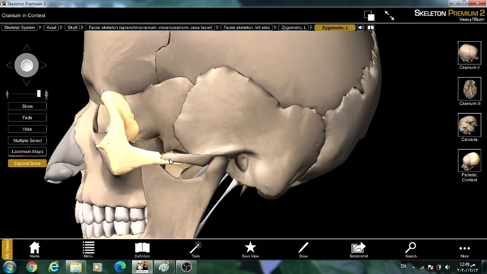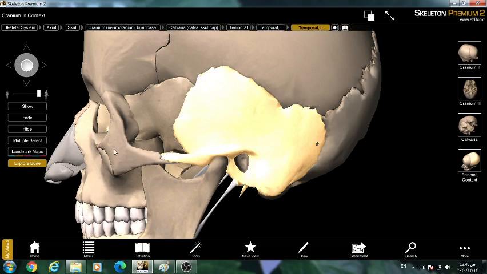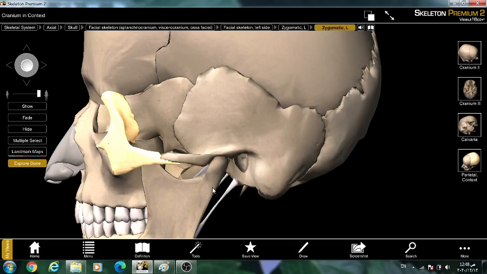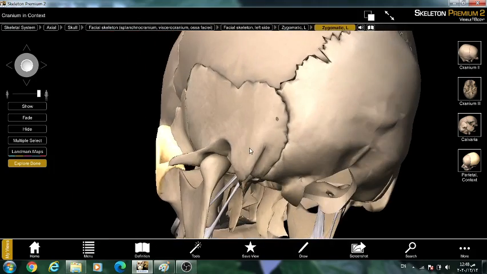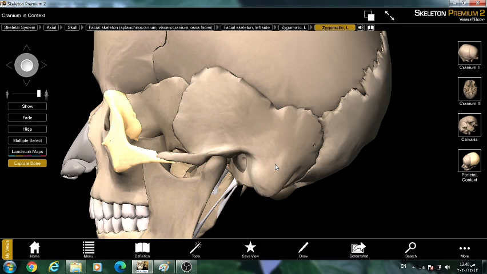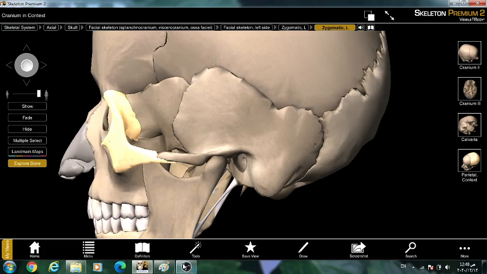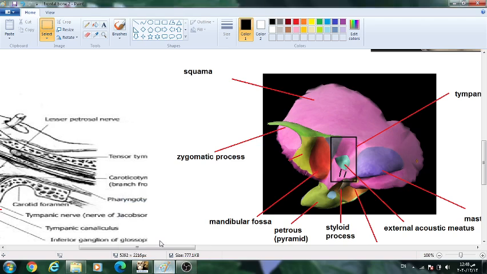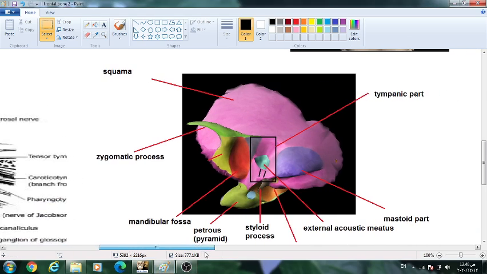I don't know why. Then we have the zygomatic process, which articulates with the zygomatic bone. Then for the anatomical formations with the muscles, we have, for example, the mastoid process and the styloid process. They both are for connections with muscles and so on.